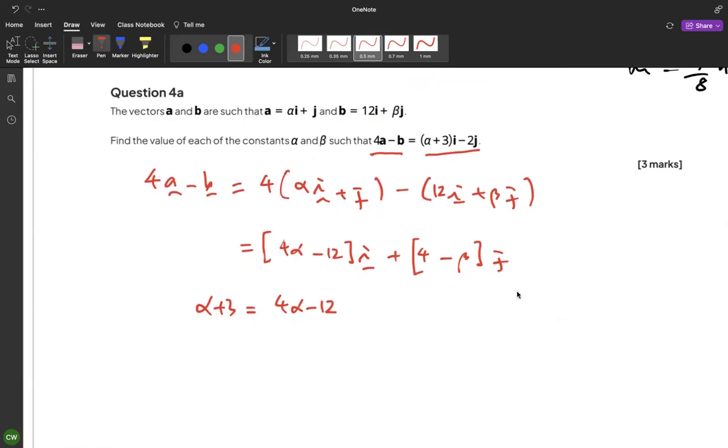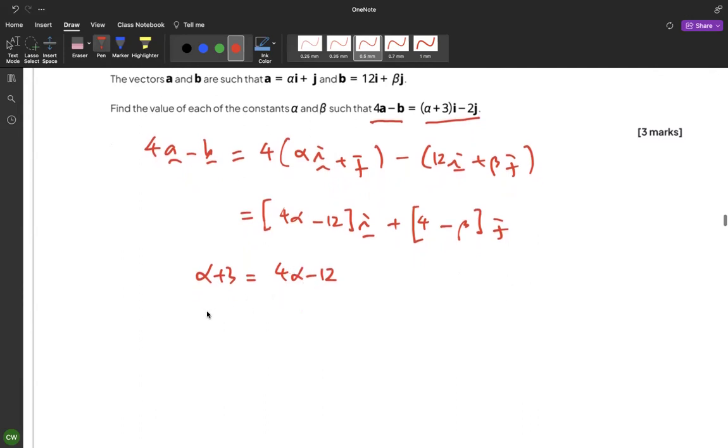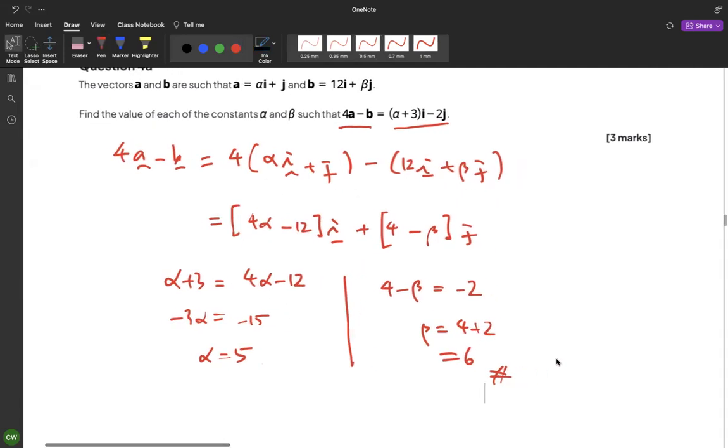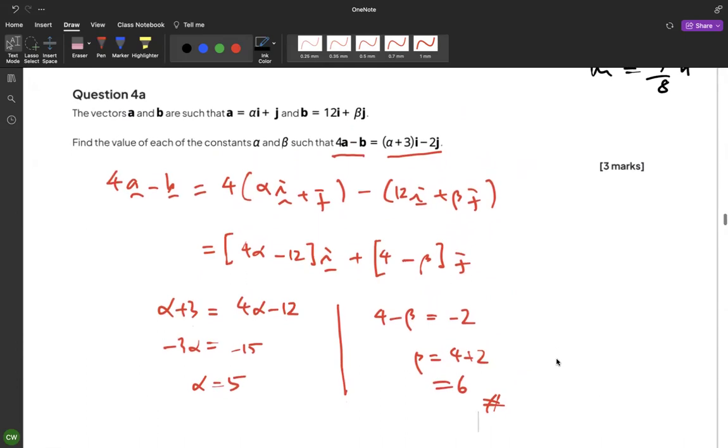So what is the alpha now? Bring over, minus 3 alpha equals minus 15. So alpha is 5, correct or not? Beta equals 2. Let's check and see. There's gamma? Okay, gamma we do not have. Okay, this is minus 2. Beta is 4 plus 2, so it's going to be 6. That's all. We're not very tough lah.